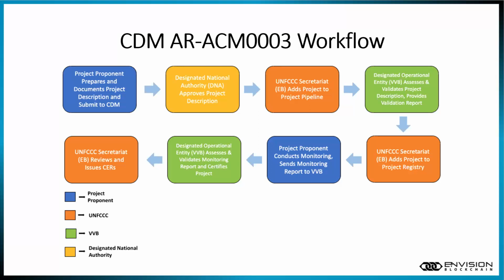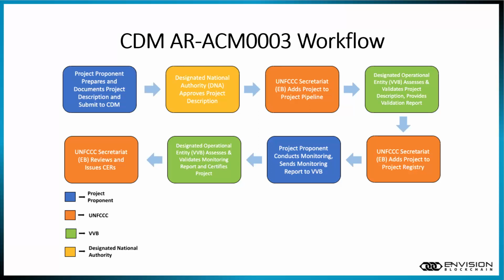So starting from the top, we have the project proponent prepares and documents the project description and submits to CDM. Then the designated national authority approves the project description, and UNFCCC adds the project to the project pipeline. Then the designated operational entity that we're going to call the VVB in this case assesses and validates project description, provides a validation report, and UNFCCC adds the project to the project registry.